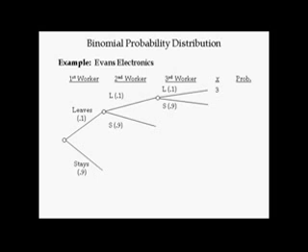The probability of leave and leave and leave equals 0.1 times 0.1 times 0.1, which is equal to 0.0010.